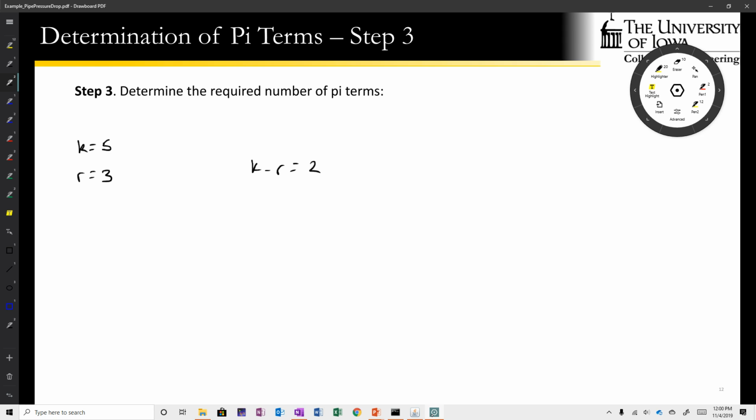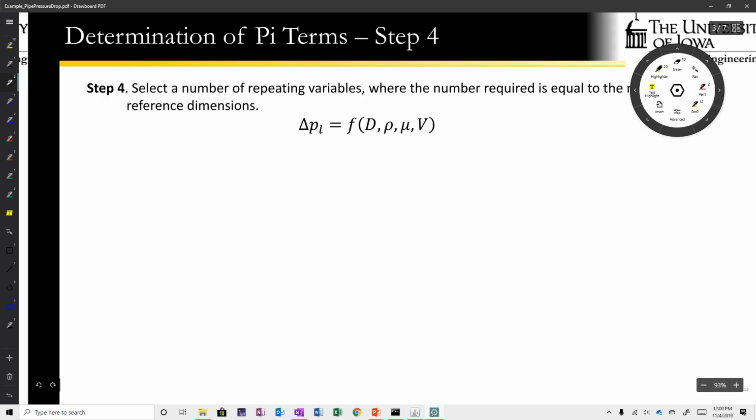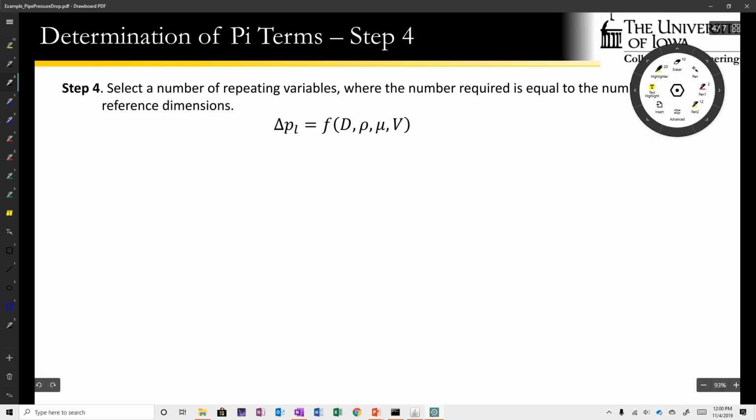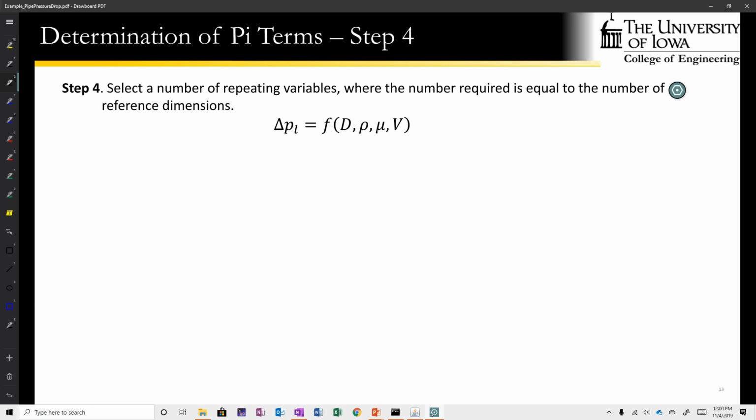In step 4, our task is to pick our repeating variables. Select a number of repeating variables where that number is equal to the number of reference dimensions. That means R. So if R is equal to 3, we need to pick 3 of these as our special repeating variables.